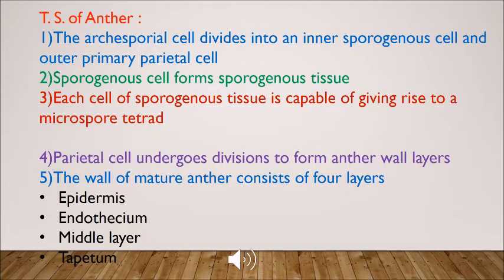The parietal cells undergo division to form anther wall layers. The wall of mature anther consists of four layers: epidermis, endothecium, middle layer, tapetum.